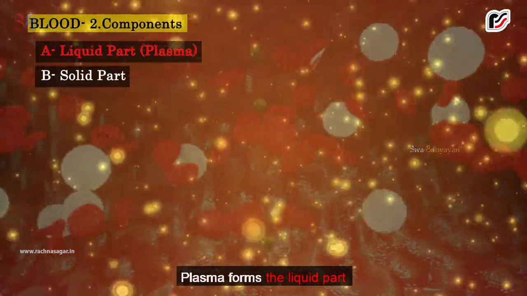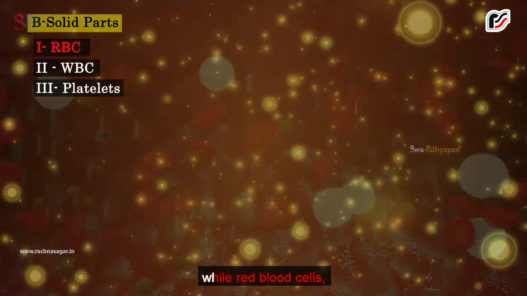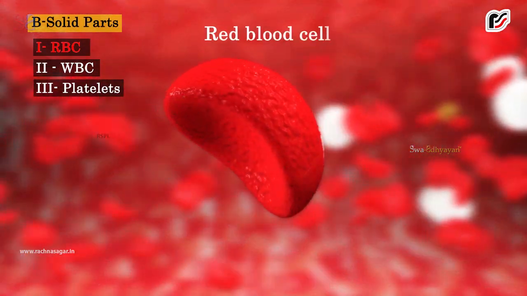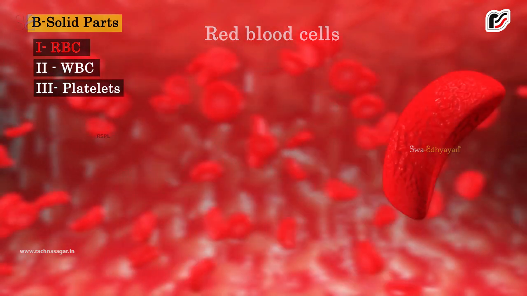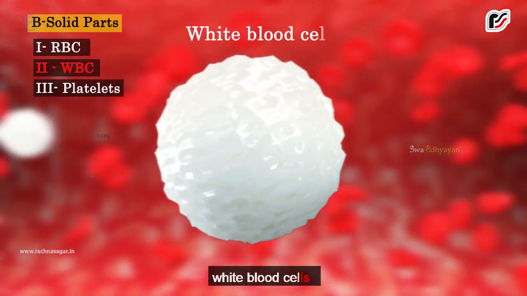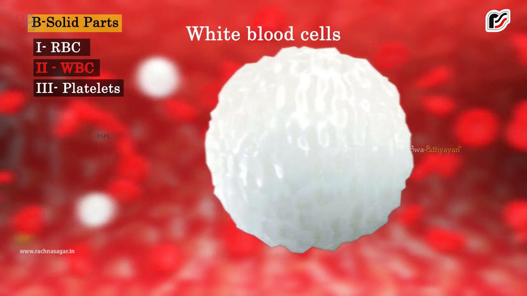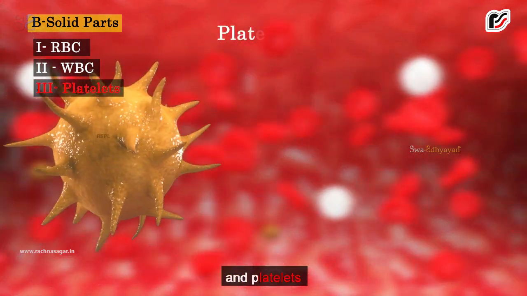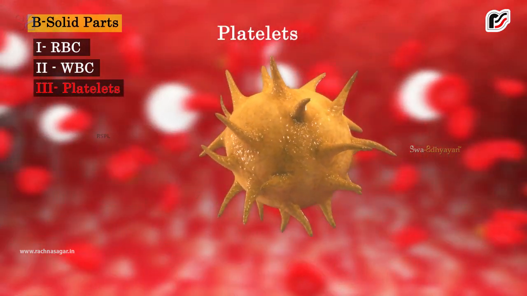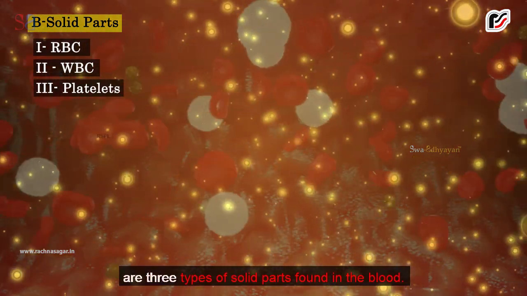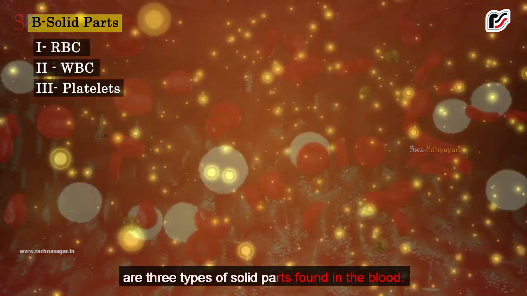Plasma forms the liquid part, while red blood cells, white blood cells, and platelets are the three types of solid parts found in the blood.